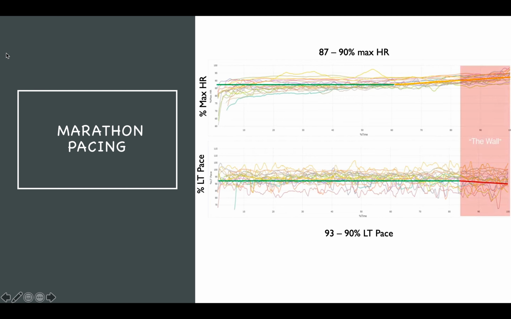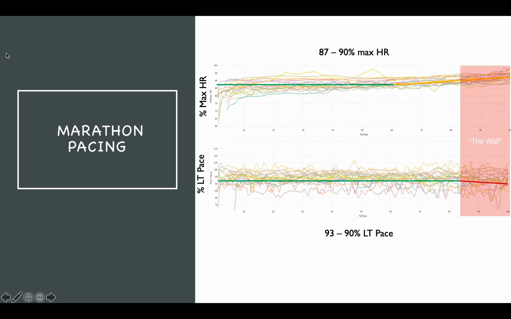And the nice thing about this is what he found was that in these runners, they held about an average of 93% of lactate threshold pace. And then in the last 15% of race time, the pace slows down a bit and it goes down to about 90% of lactate threshold pace.